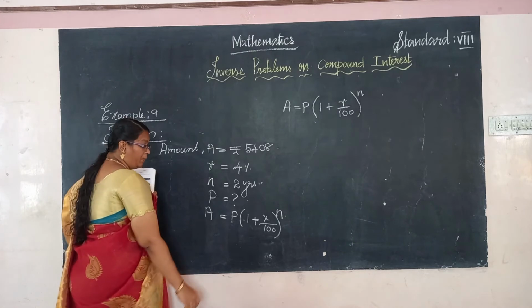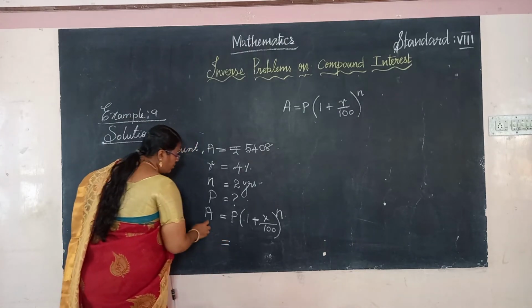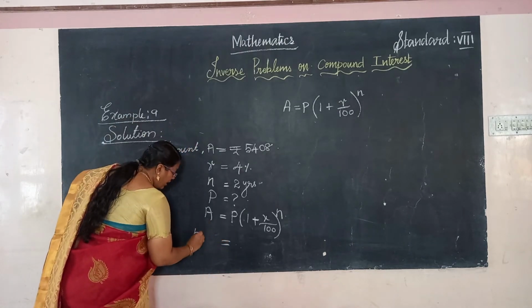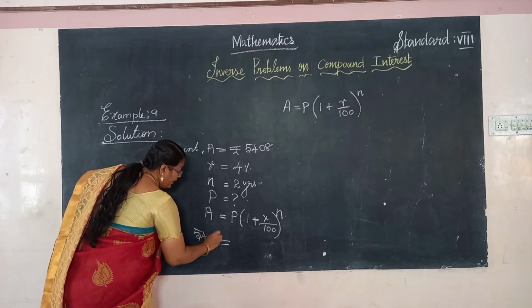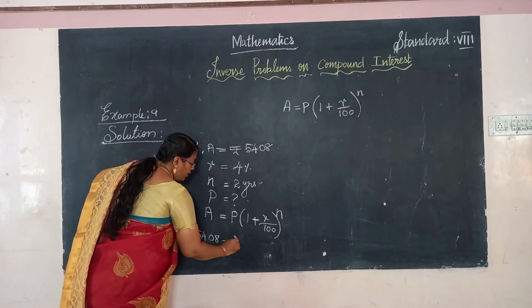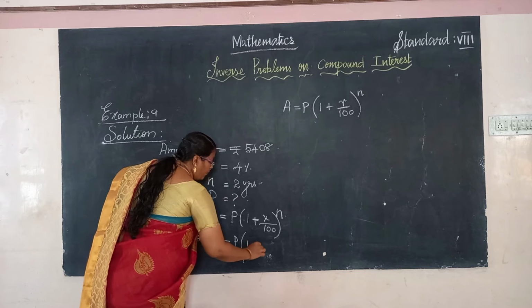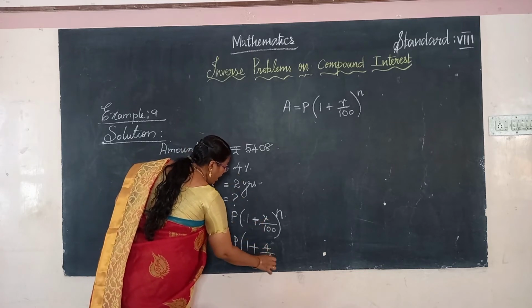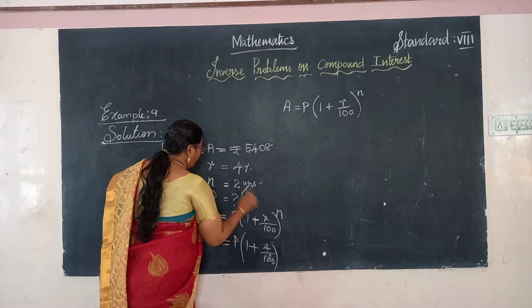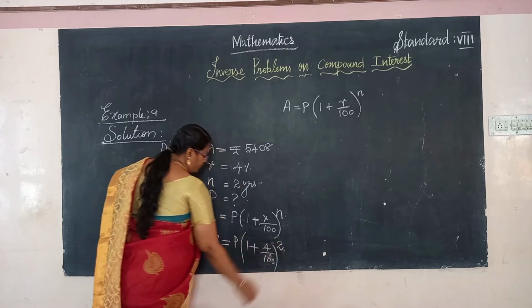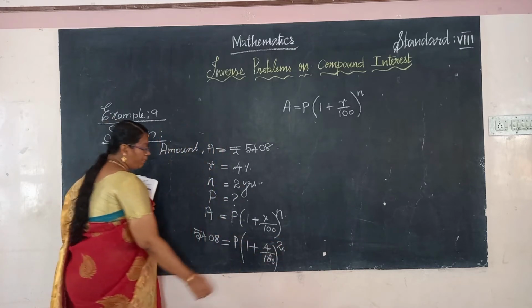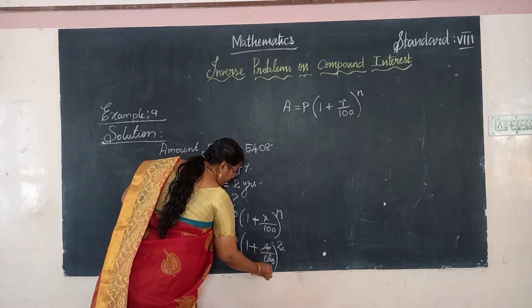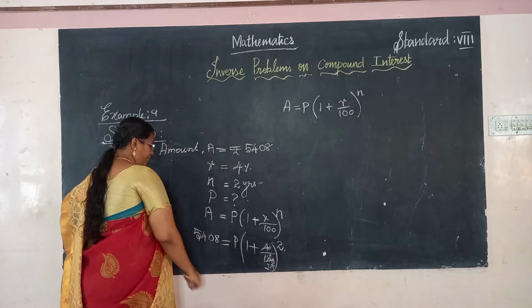So, what is the value of A? 5,408. P we don't know. So, 1 plus R value. The rate of interest is 4 by 100, the whole power, number of years 2. Simplify: 1 by 25.